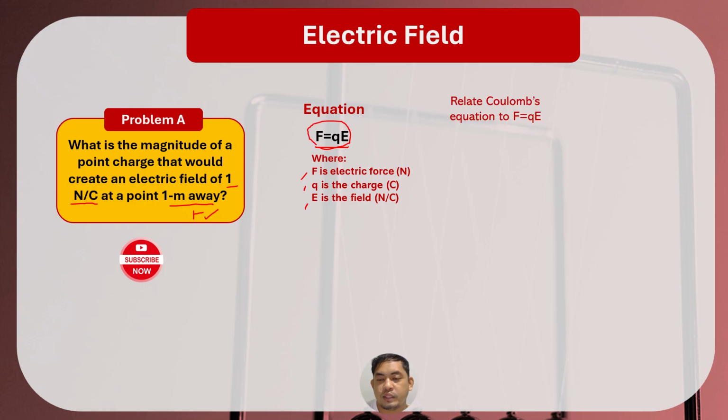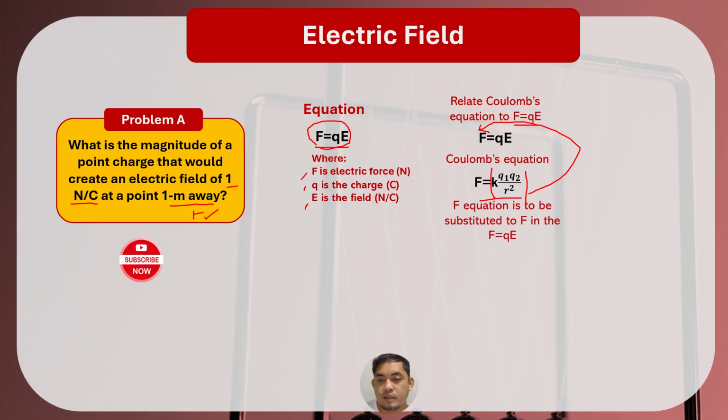So we will try to integrate or relate Coulomb's equation to this equation, F is equal to QE. As you can still recall, Coulomb's equation is F is equal to Coulomb's constant, product of the two charges over R squared. So we are going to substitute this equation for our F here.